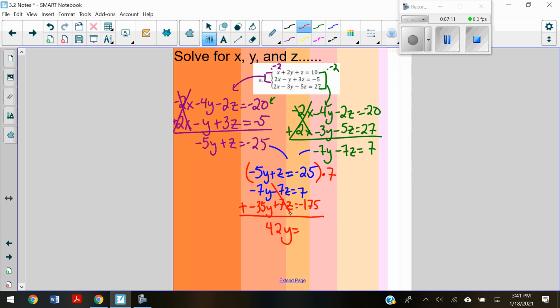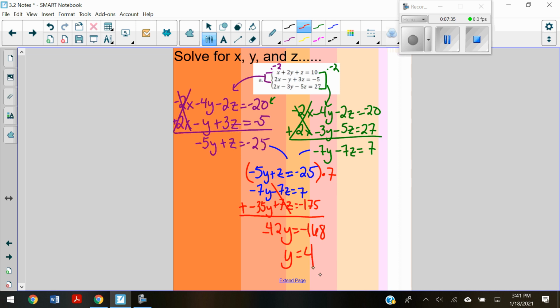So now I have negative 175 plus 7, and I get negative 168. All right, to get y by itself, you're going to divide negative 168 by negative 42, and we get y equals 4.